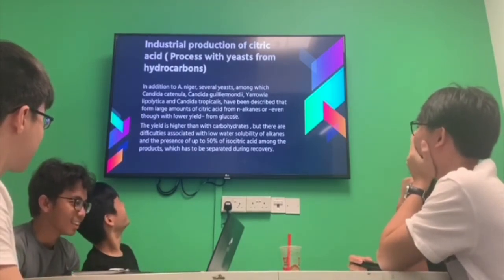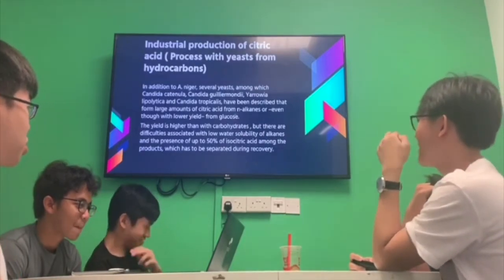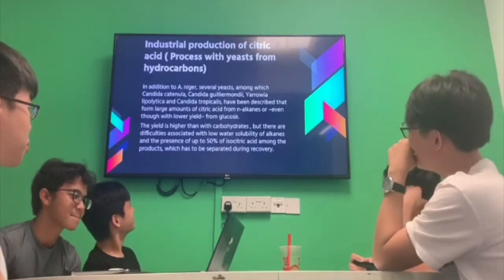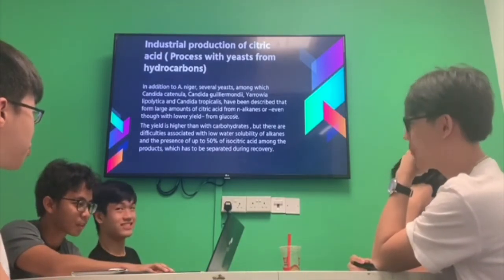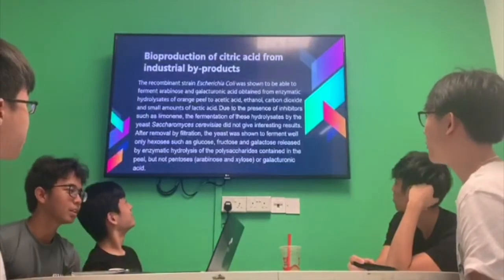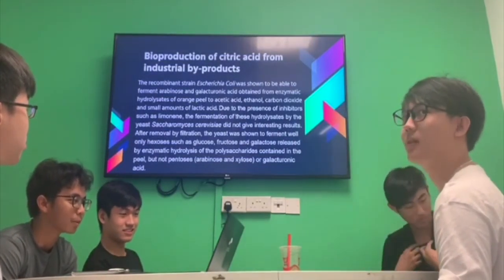The yield is higher than with carbohydrates, but there are difficulties associated with low water solubility of alkanes and the presence of up to 50% of isocitric acid along with the products, which has to be separated during recovery.